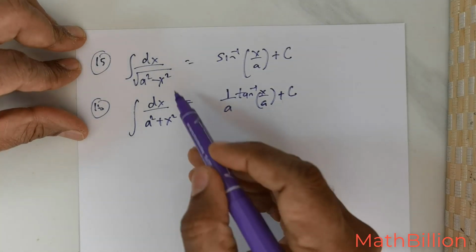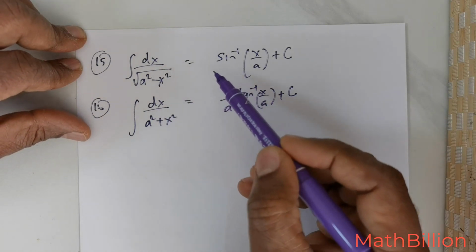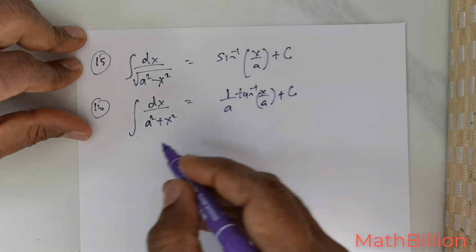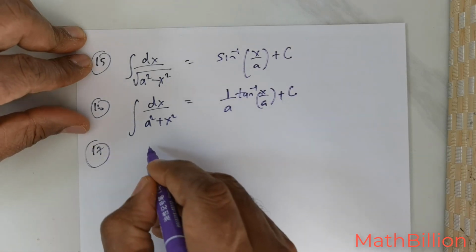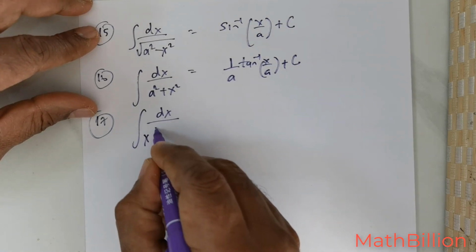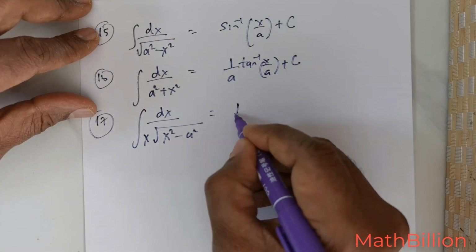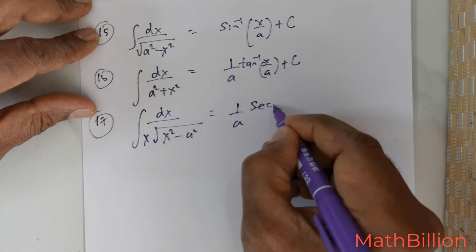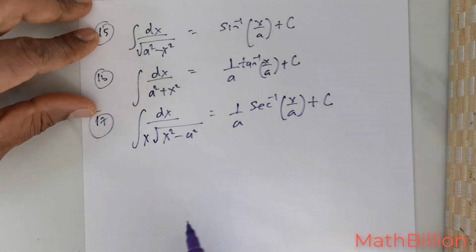Now you need to know that over here we don't have any 1 over a being multiplied, but over here we have 1 over a, so exercise some caution. Formula number 17, integral dx over x times square root of x squared minus a squared is equal to 1 over a secant inverse of x over a plus arbitrary constant c.